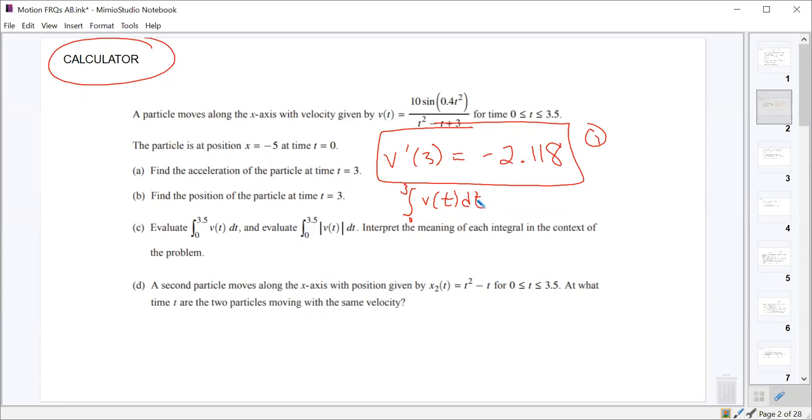So we have to add to that the initial location of the particle, which was -5. So -5 plus this displacement should give you your answer, which came out to be -1.760. How many of you got that?